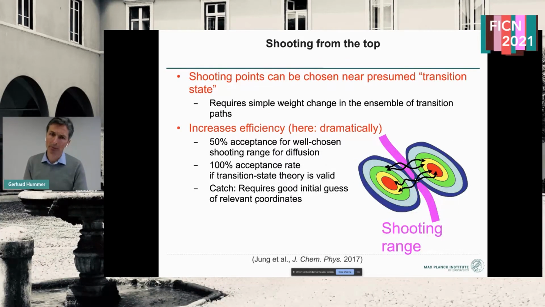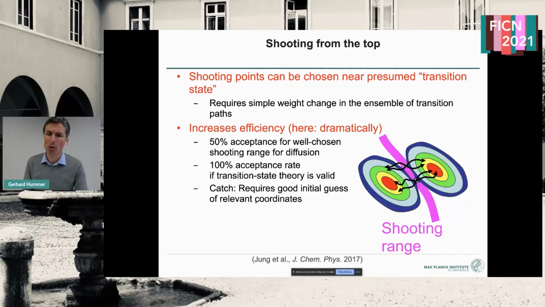One way of thinking about this is as shooting from the top, where the points where trajectories are initiated, we think of them as being initiated near the saddle point, near the transition state of the reaction.